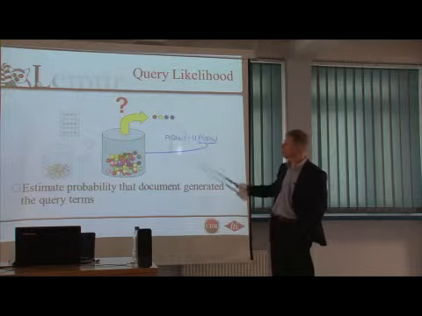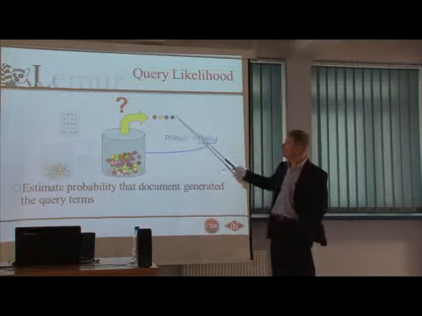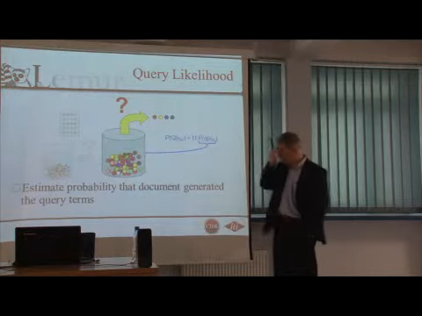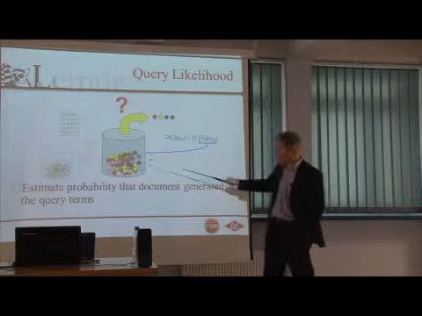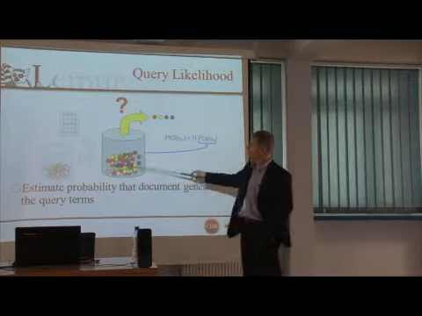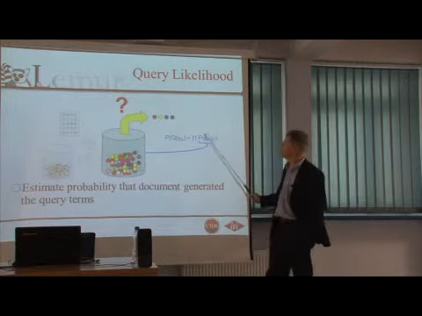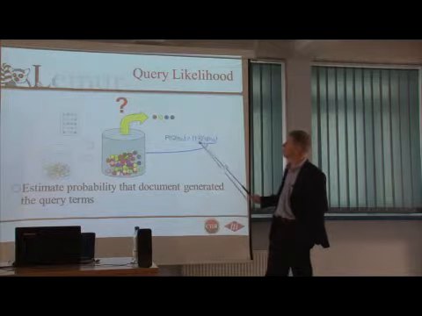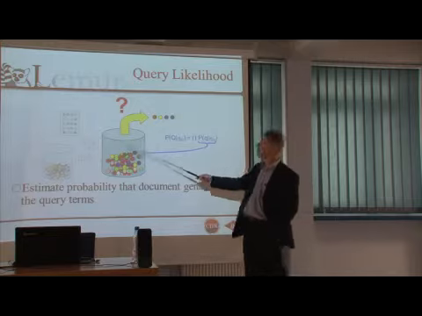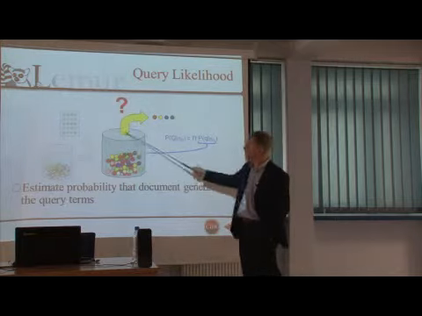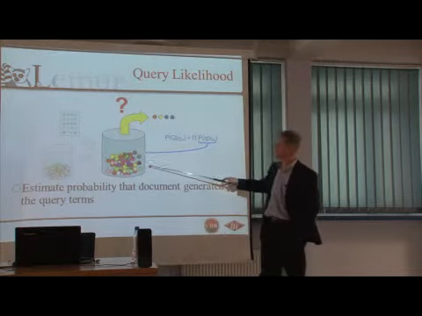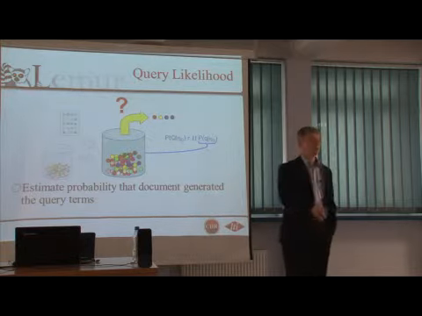So blood in urine and renal would be the elements of the query, and we just model it by the probability of the document generating this particular query. If the document has a high probability of generating the query, then the model says that this is probably the right answer to the query.